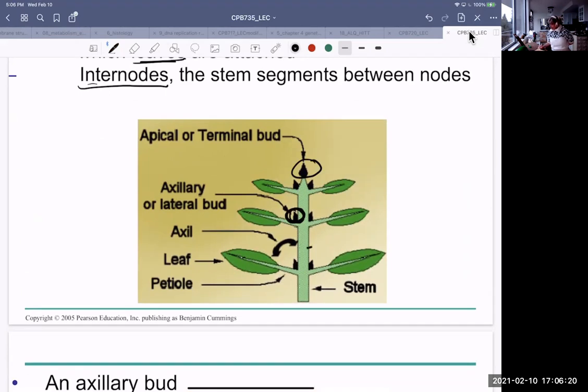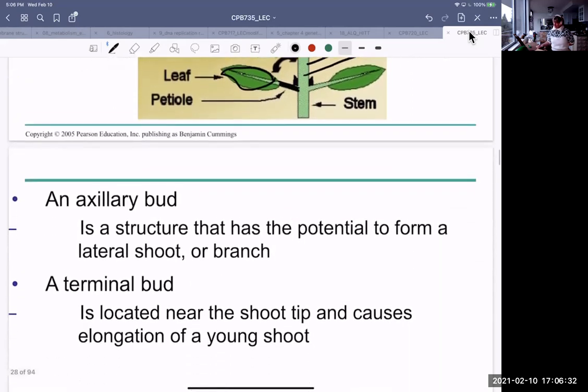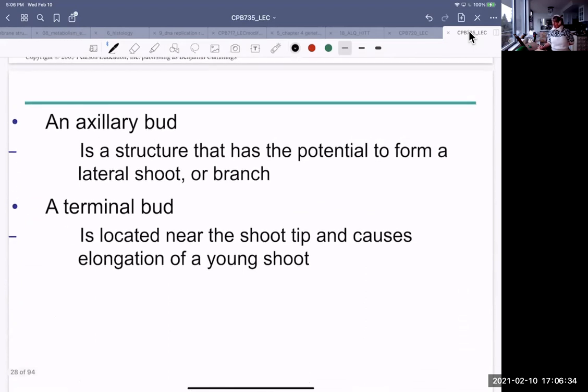If the branches are branching out like that, you could have a terminal bud there as well. Here's your leaf and petiole. An axillary bud has the potential to form a lateral shoot or branch. A terminal bud is located at the shoot tip and it causes elongation.